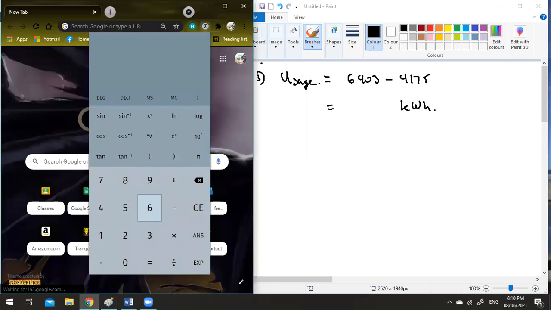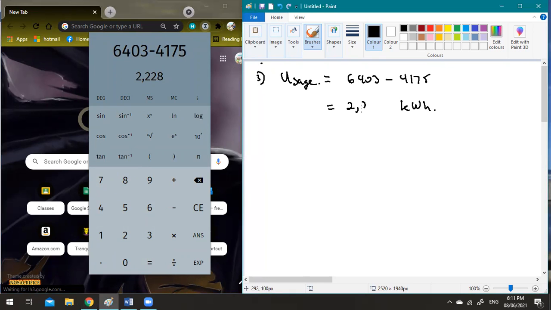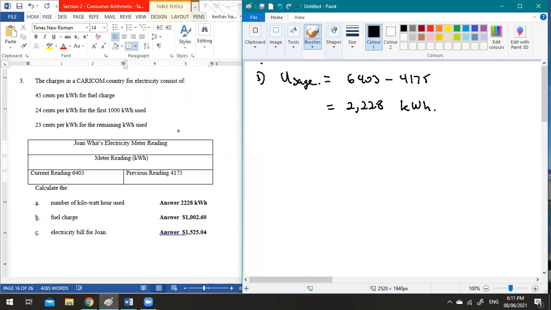So 6,403 subtract 4,175 equal 2,228 kilowatts used this month. Now, the fuel charge rate is 45 cents per kilowatt. This is based on the entire amount, right? Then 24 cents per the first 1,000 kilowatt used, and 23 cents per kilowatt for the remainder.